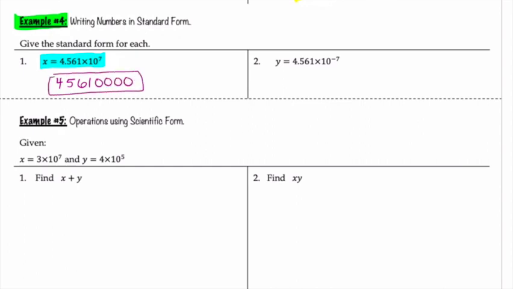For number 2, I am going to take that y and move the decimal place to the left, making that number really, really small. Whenever you see a positive exponent, the number is going to get larger. When you see a negative exponent, that number is small. You're going to include zeros in front.